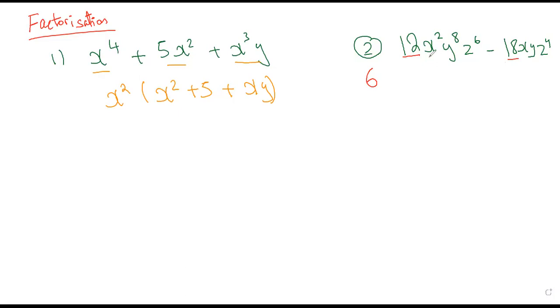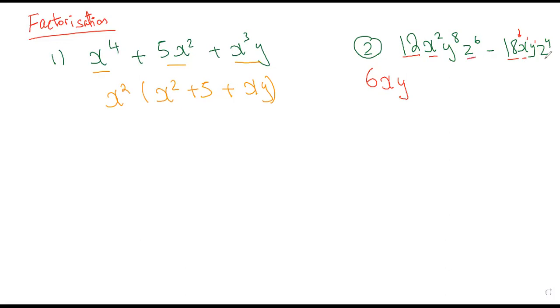Okay, and x. Again, what is the biggest x term which I can take common? Since it is x to the 1 here, I can only take x common now, right? I cannot take x square common because I don't have x square here. Then I can take y common because I have y to the 1.